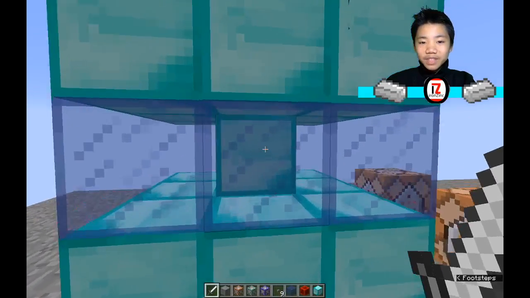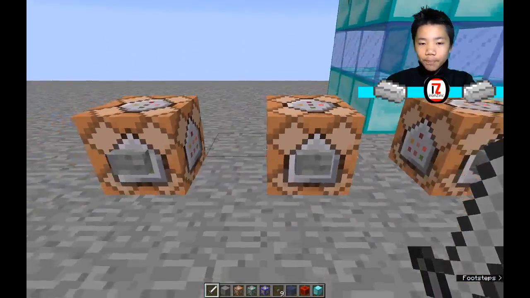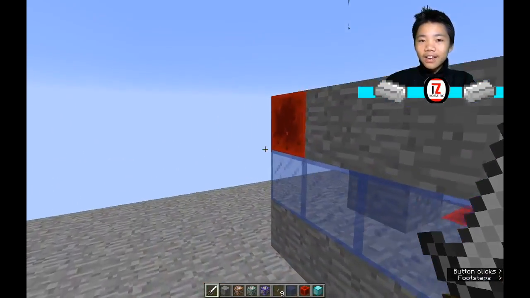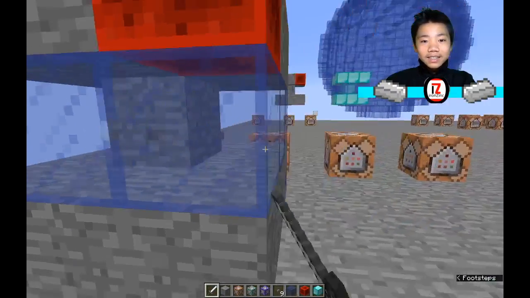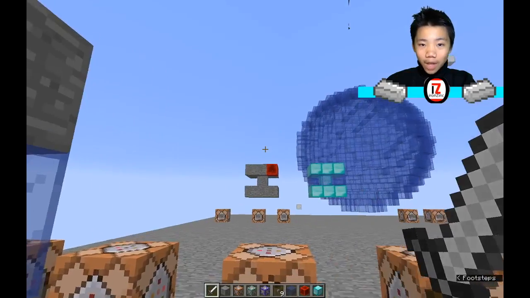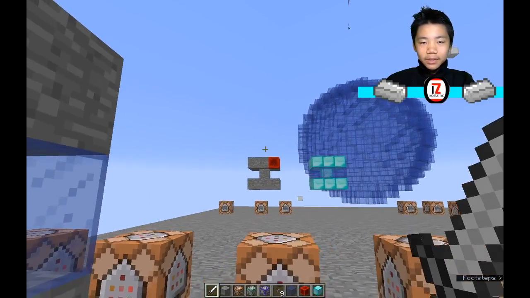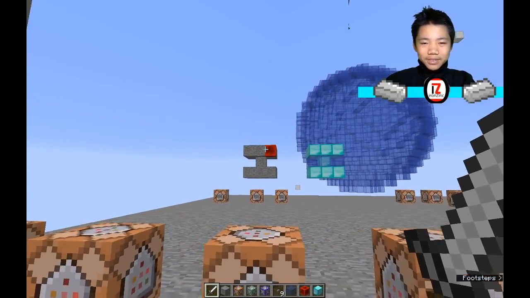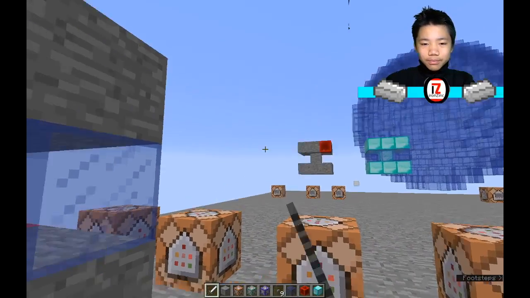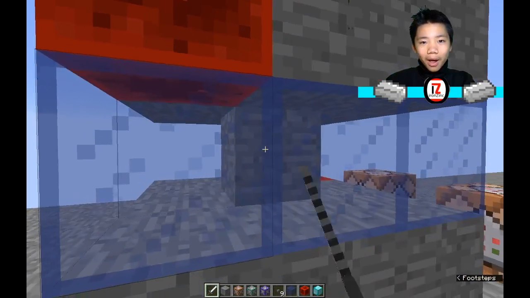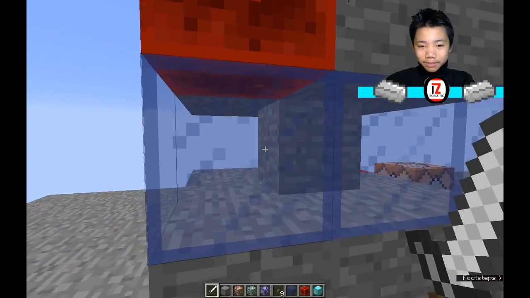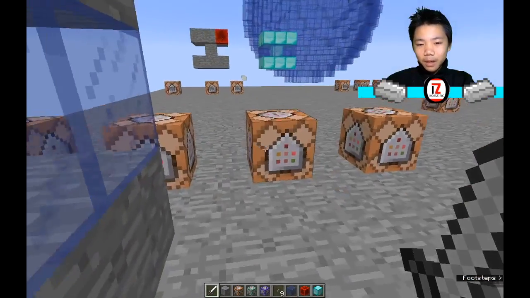So it'll leave this ring of stained glass alone. If I press this button over here, as you can see, the small ring of stained glass is left alone, and only the non-air blocks in that structure were cloned. The air blocks are overridden by these stained glass blocks.